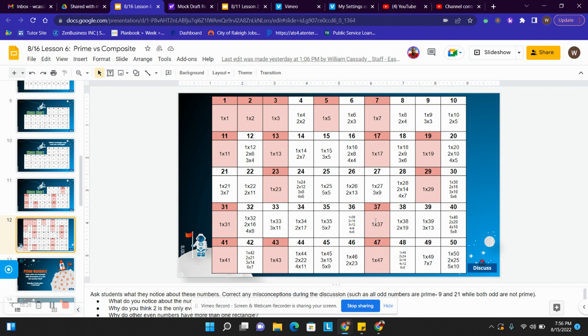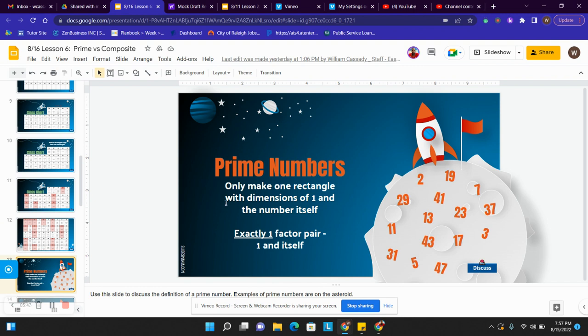Most of these are odd except for 2. 2 is the only even prime number. But not all odd numbers are prime, because 9 is odd, but it has two ways. A way you can remember prime is prime has one syllable. So if it's prime, it only has one way to multiply, one and the number itself.